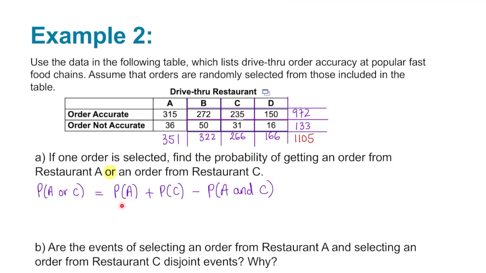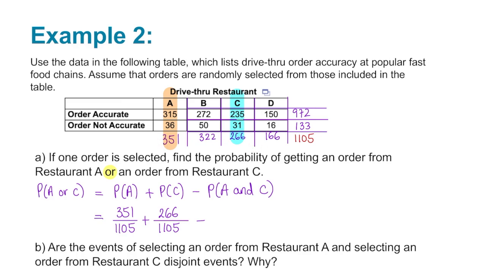To find the probability of A, I take the total number of orders from A divided by the grand total. To find the probability of C, I take the total number of orders from C divided by the grand total. To find the probability of A and C, I'm looking for the total number of orders from A and also from C. These are orders from A, and these are orders from C. They have nothing in common.